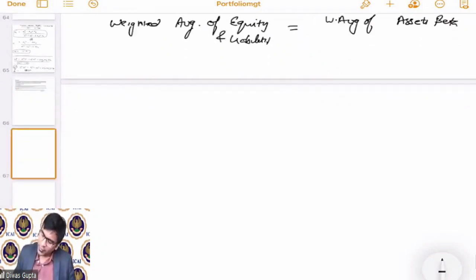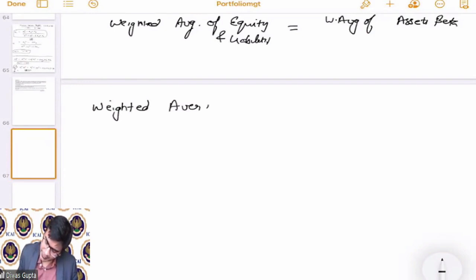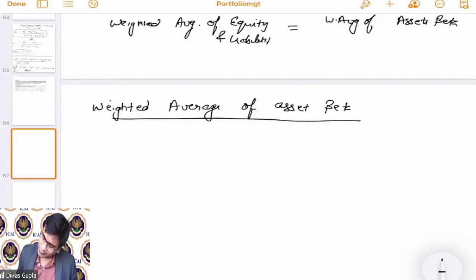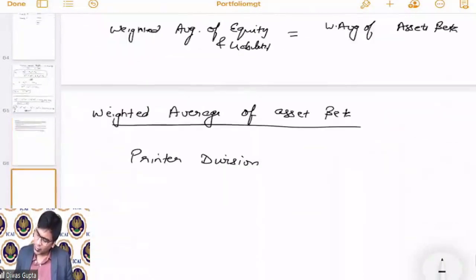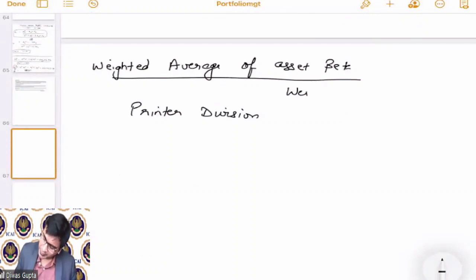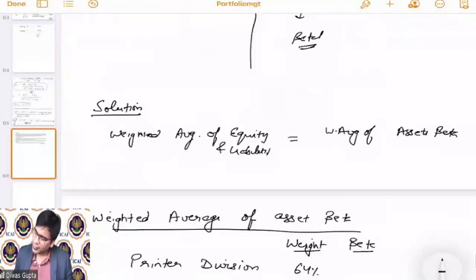First of all, let us calculate the weighted average of asset beta. We are given that there are two divisions. One is the printer division. The weight is 64%, and the beta is 1.55.